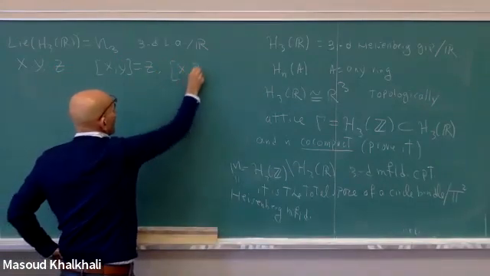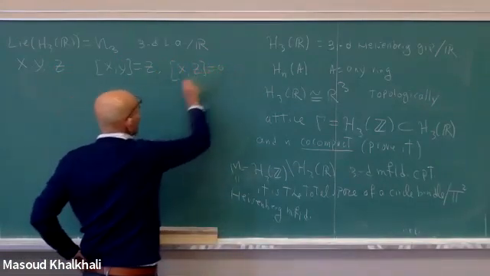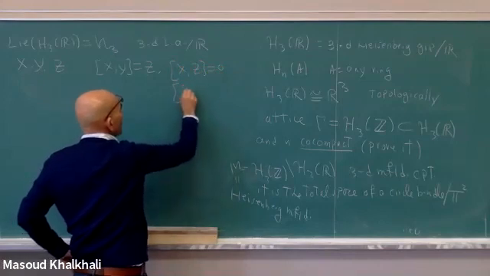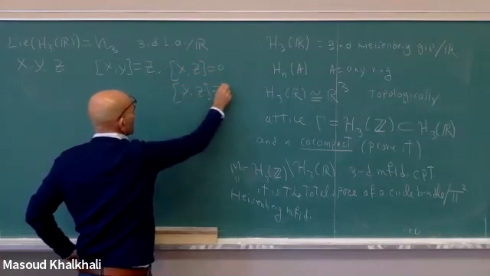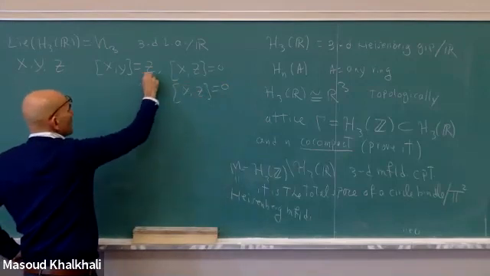The commutator of X and Z is equal to 0, the commutator of Y and Z is equal to 0. So this is the center of the Lie algebra.